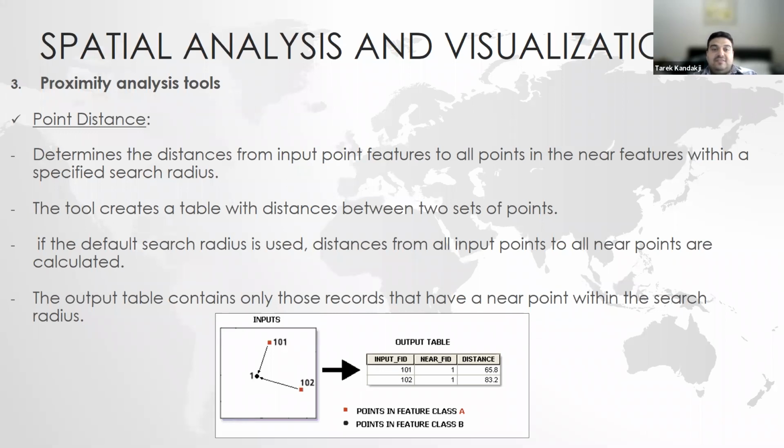The point distance determines the distance from input point features to all points in the near feature within a specified search radius. Let's say you have houses, like a layer for houses in a certain city, and each house is represented by a point. And then you have police stations in the city.